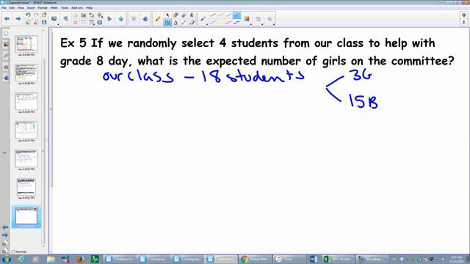Okay, so we have 3 girls, 15 boys. Right now, I'm going to figure out my denominator. This math never goes away. I want to pick 4 students, so I'm going to have 18 choose 4.